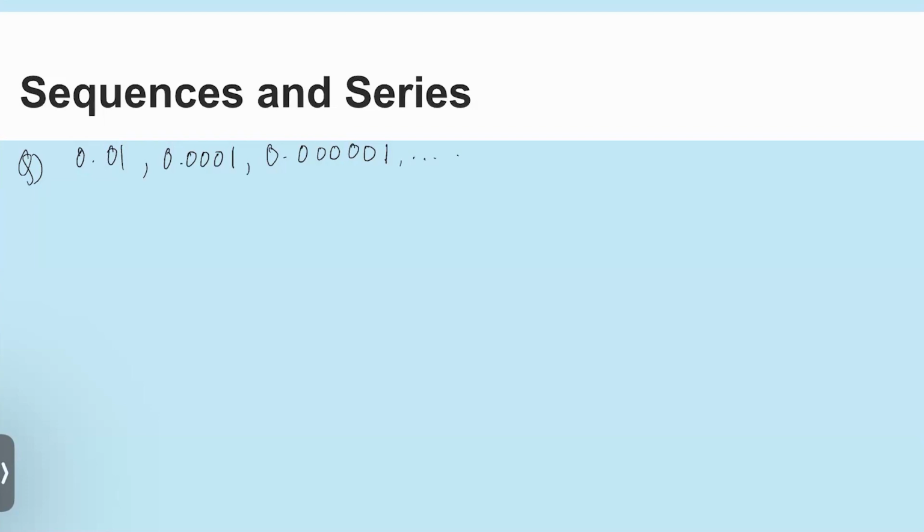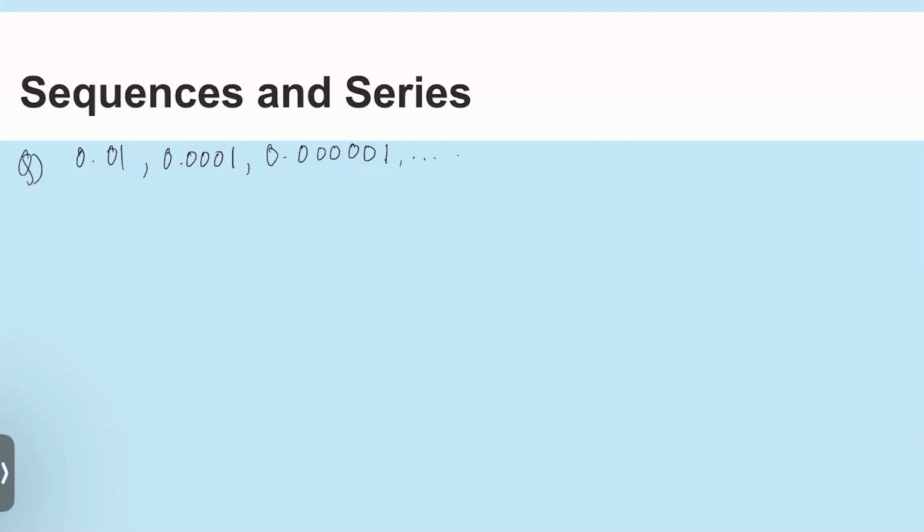So whenever we are given a series, what we will first try to see is whether it's a geometric series or an arithmetic progression.